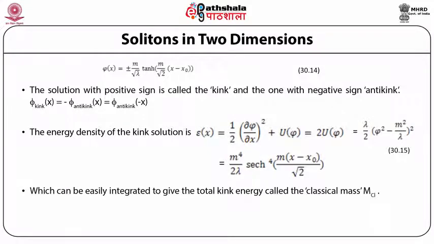This can be easily integrated to give the total kink energy, called the classical mass M_cl. So M_cl is the integral from −∞ to ∞ of E(x) dx, which equals 2√2/3 · m³/λ.